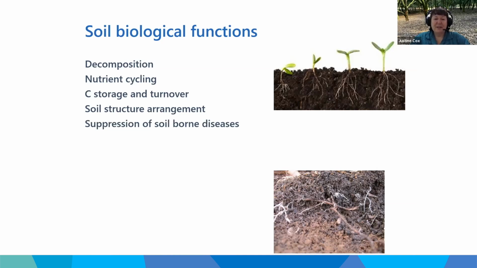They're involved in suppression of soil-borne diseases. If you've got a very diverse and active group of soil organisms, then they can outcompete or they can produce other molecules to prevent build-up of disease organisms. And there's a couple of different methods and mechanisms where they do this.